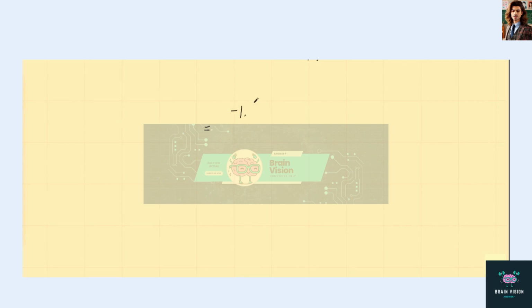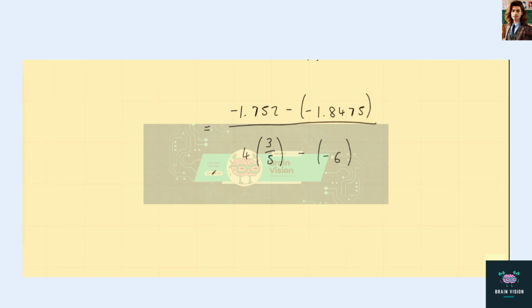So we substitute the values we have. It's minus 1.752 minus minus 1.8475, over the initial velocity of B in the x direction, which is 4 cosine theta, which is 4 times 3 over 5, minus minus 6. So we've taken horizontal components, and hence we find the coefficient of restitution e is 0.0113.